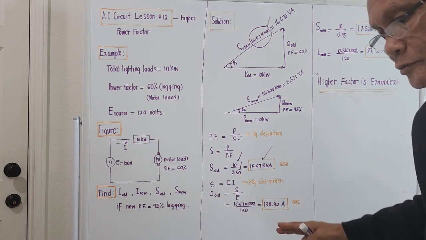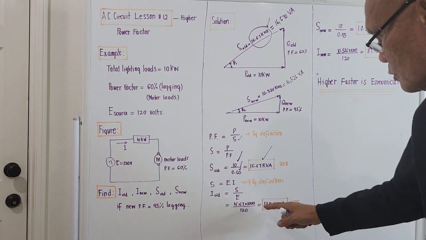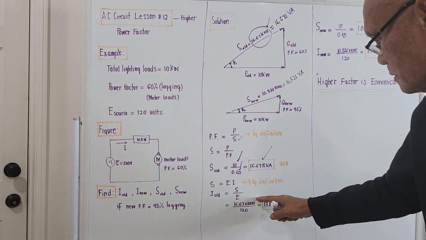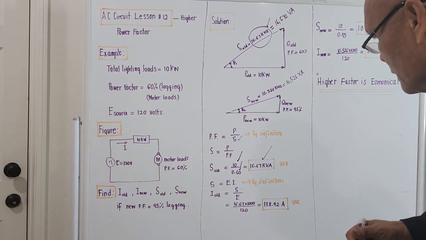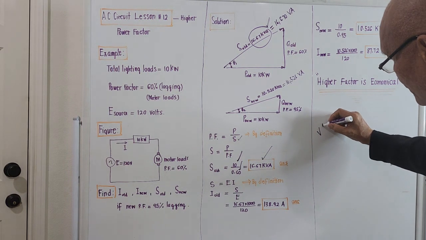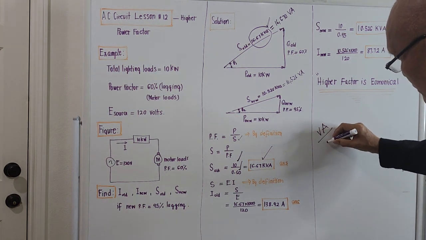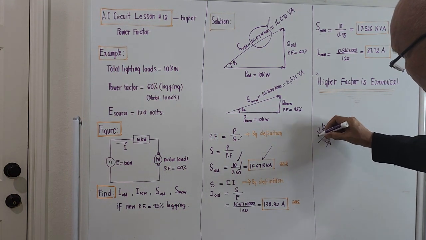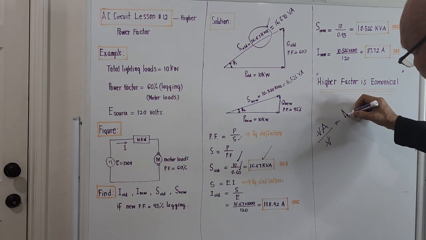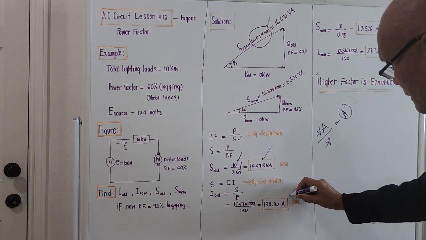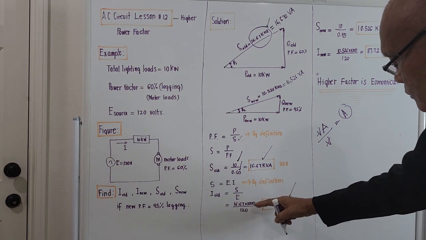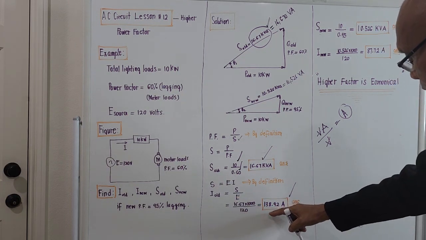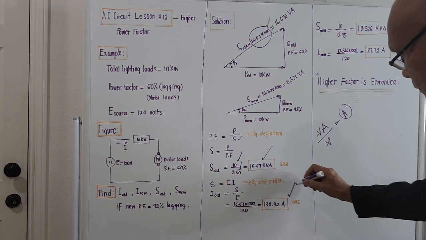We convert that to volt-ampere, so we multiply that by 1000, over 120 volts. Volt-ampere over volts, so volts cancel, and what comes out is amperes. So 16.67 times 1000 over 120 will be 138.92 amperes.